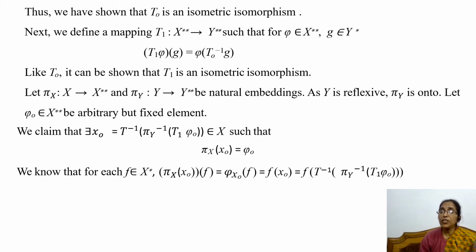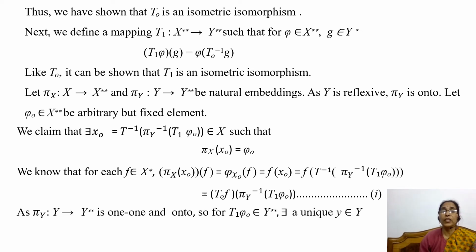So we have f of x naught, and this is equal to f of T inverse pi y inverse T1 phi naught, and this is equal to T naught f of pi y inverse of T1 phi naught, by definition of the T naught mapping.